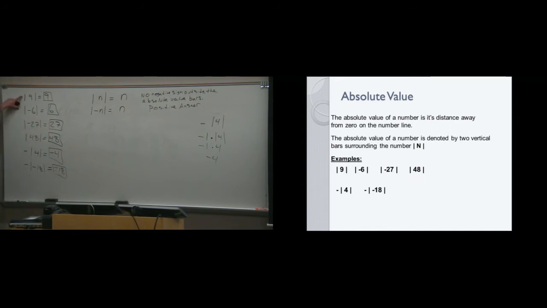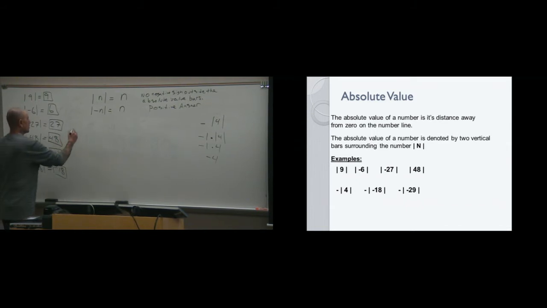So notice that if there's no sign on the outside of the absolute value bars, I always get a positive answer. If there's a negative sign on the outside of the absolute value bars, I'm always going to get a negative answer. So here, if I have the negative absolute value of negative 29, what am I going to get? Negative 29.